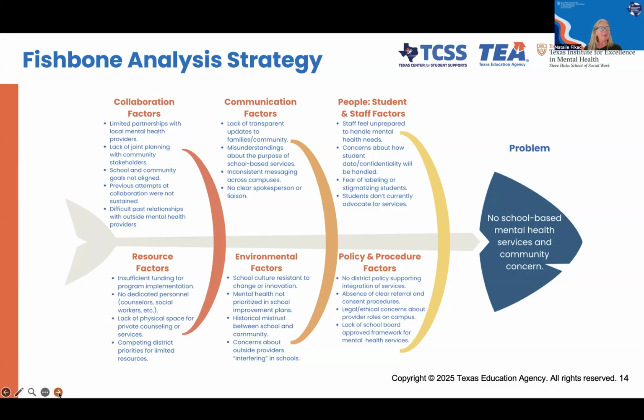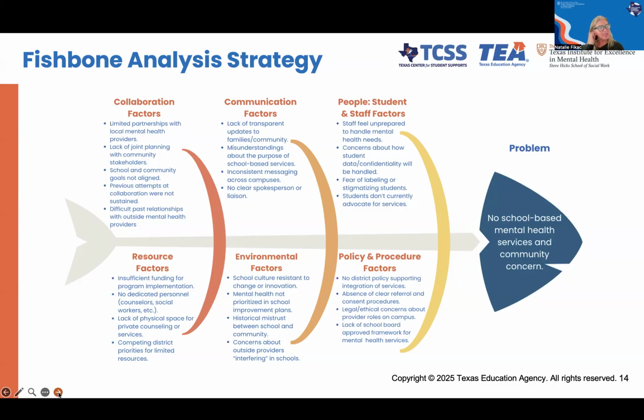Some potential collaboration factors include limited partnerships with the local mental health providers, lack of joint planning with community stakeholders, school and community goals are not aligned, previous attempts at collaboration were not sustained, or even difficult past relationships with outside mental health providers.